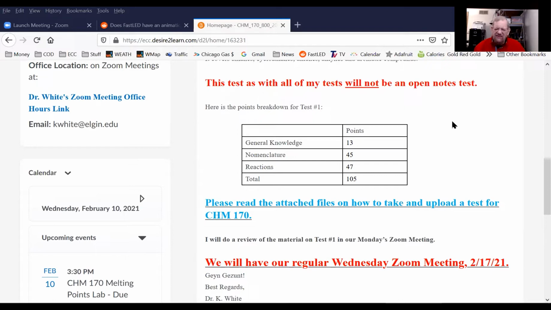I have a Word file describing how to do that. You can actually do it in Windows if you have a bunch of JPEGs and combine them, but there's an easier way. Just use the app on your phone. There's an app called Scanner, and Scanner something. I can't think of the name right now.